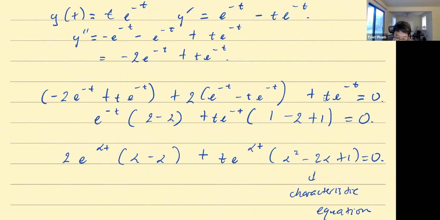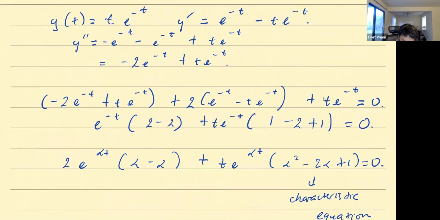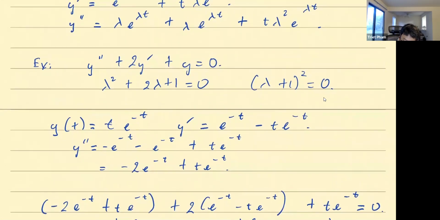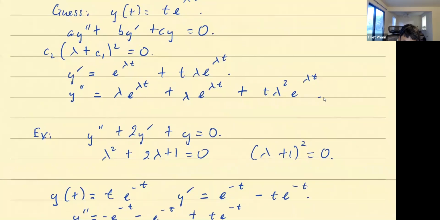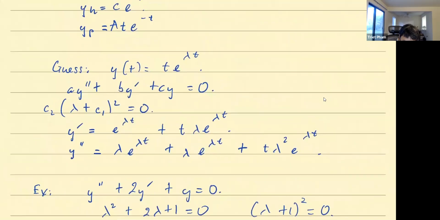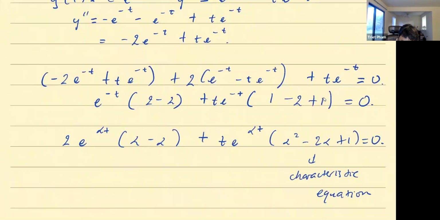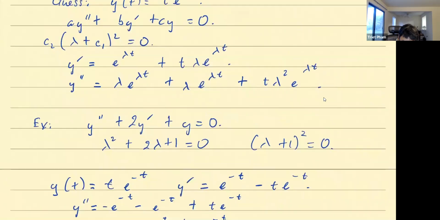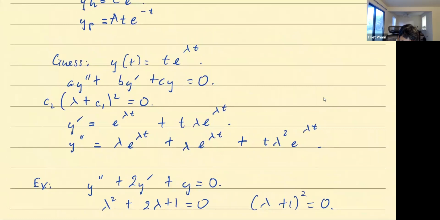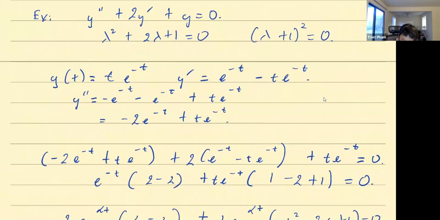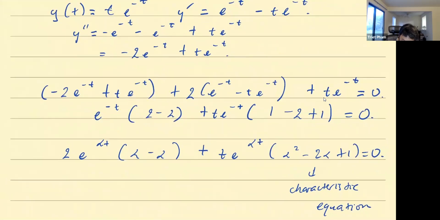Okay, I can keep lambda there for you, but what I mean by alpha is... where did I write it? I thought I explained it to you somewhere. Okay. Let me call it lambda.